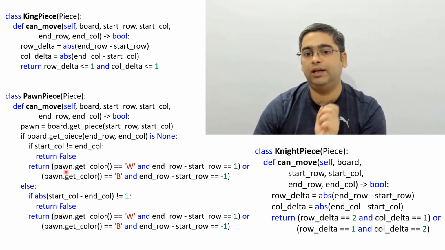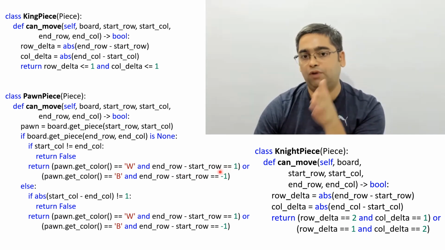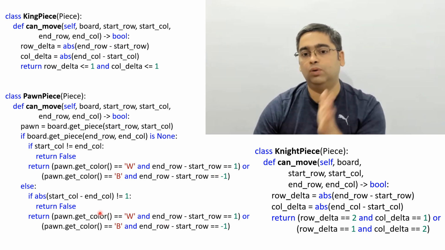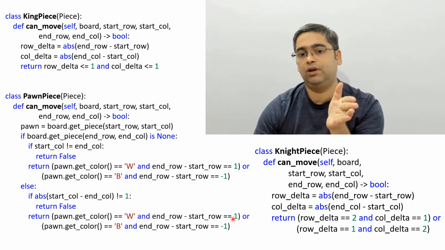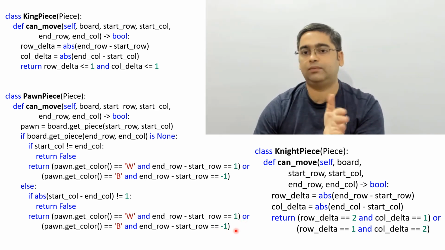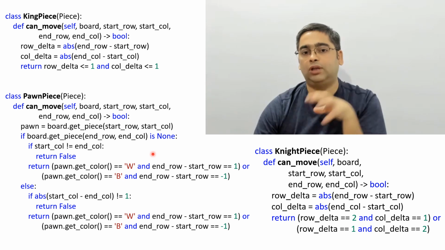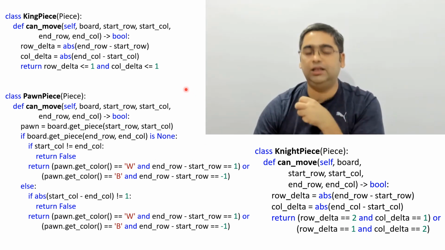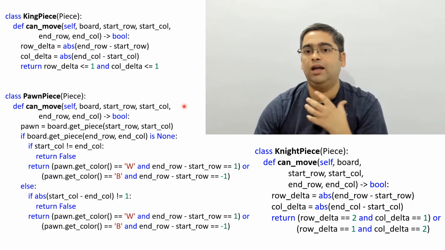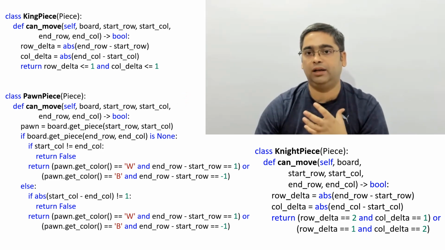When it is moving, it moves only vertically and vertically forward, and when it wants to kill, it can kill only diagonally in the forward direction, that is diagonally left or diagonally right. So these three pieces have got their own implementation of the can move method, and let's see how all these pieces are created, and so it will bring us more clarity.